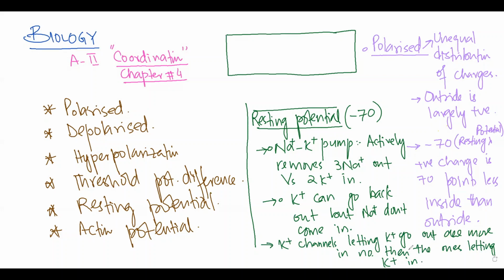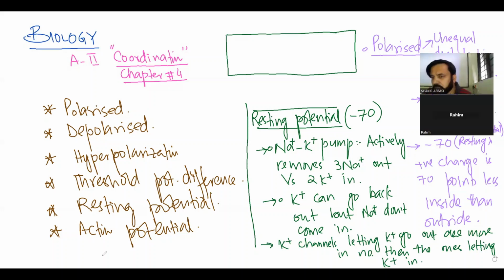Okay, so can you tell me how the outside is made more positive? Number one, the sodium-potassium pump. It sends 3 sodium ions out and 2 potassium ions in, which favors more positive outside. Yes or no? Number two, the potassium ions which are taken in can move out, but sodium ions are not allowed to move in, so this favors more positive outside.